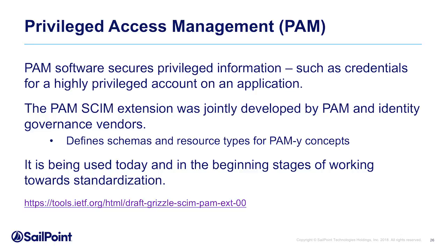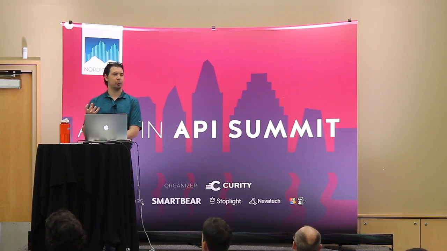Usually it's used to store credentials for very privileged accounts. Think of your DBA for your production system, or your website admin that can do a kill-9 on your production web server or something like that. These types of accounts, right? They're extremely powerful. If those credentials get leaked, it's no good. So people want to monitor these and really lock down access to them.